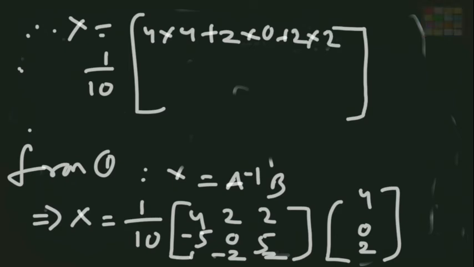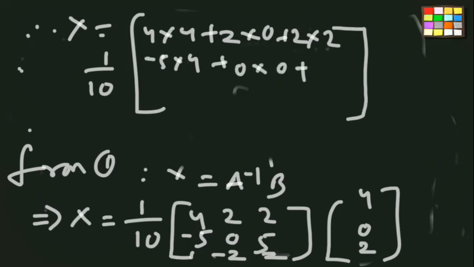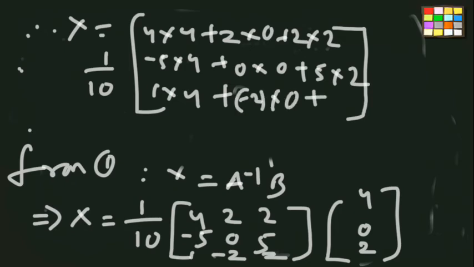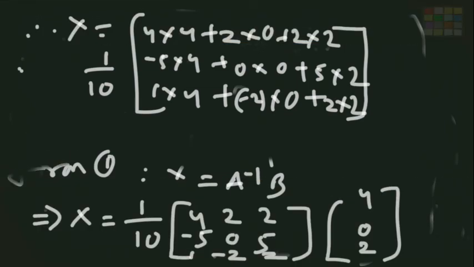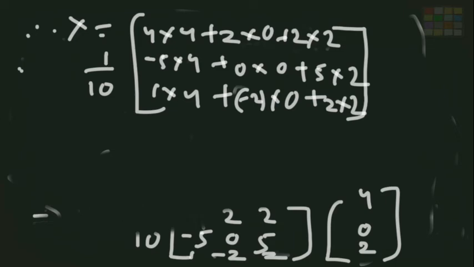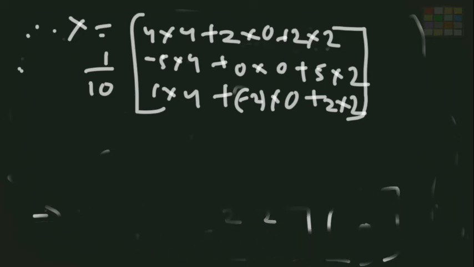Clear? Then minus 5 into 4 plus 0 into 0 plus 5 into 2. Next it will be 1 into 4 plus minus 2 into 0 plus 2 into 2, right? Now let me erase this part so that it will be easy for you. Now let us see what the calculations are. Clear?